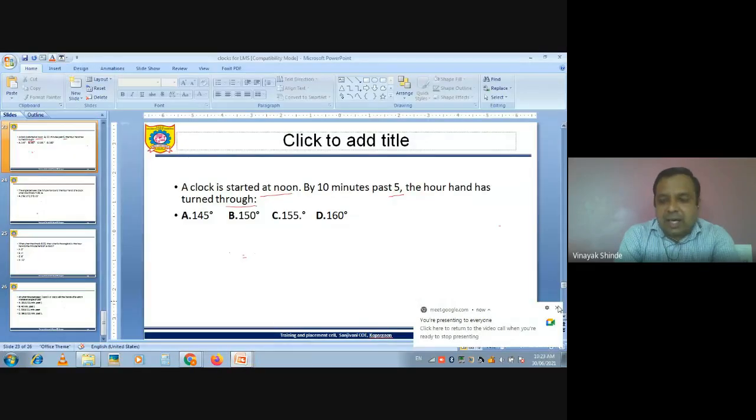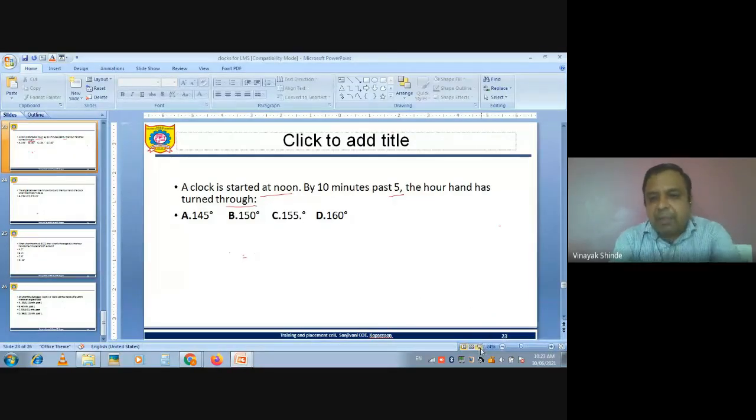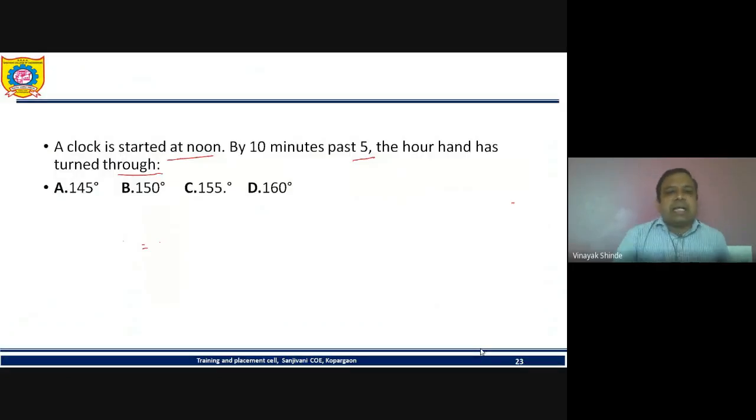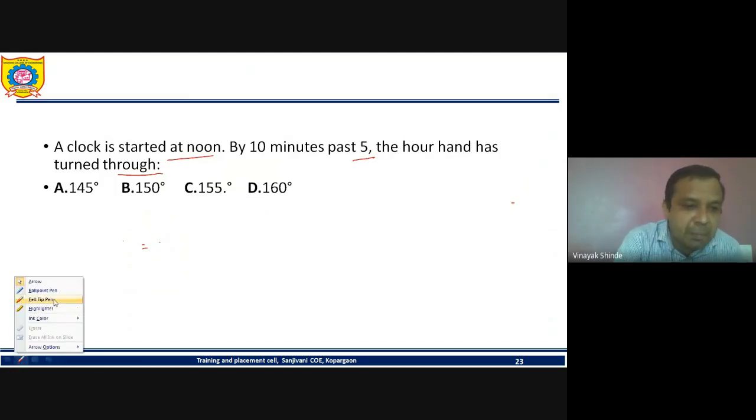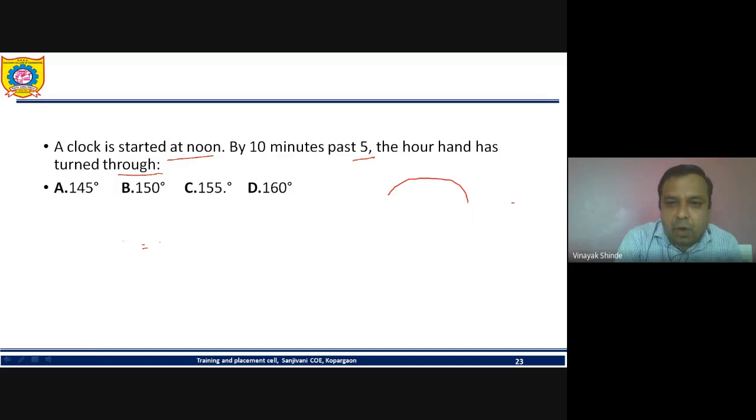So this is another question which was asked in the aptitude test. A clock is started at noon, and by 10 minutes past 5, the hour hand turned through how many degrees? What is the logic? Very simple. This is the clock. This is 12 noon, and this is 5.